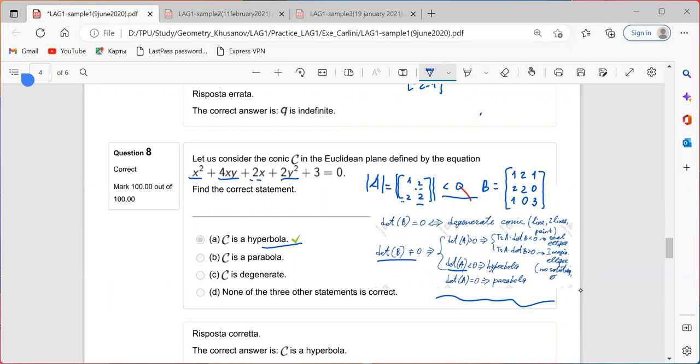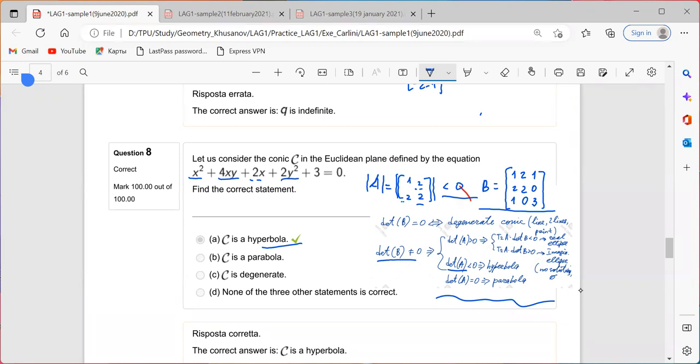We can compute the determinant of B. How can we compute this determinant of B? We can compute it in different ways, and you can just compute and see that this determinant of B will be different from 0. For example, you can take the expansion according to the last column, because we have here 1 and 3.